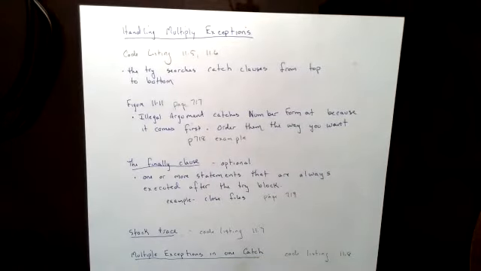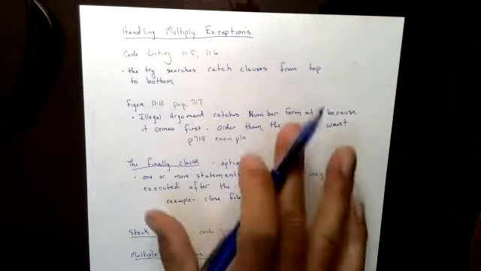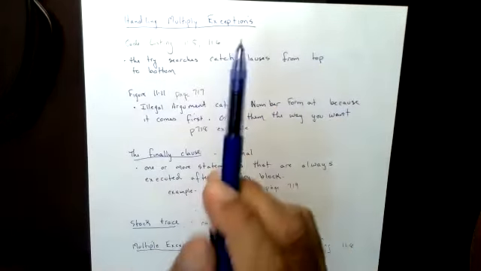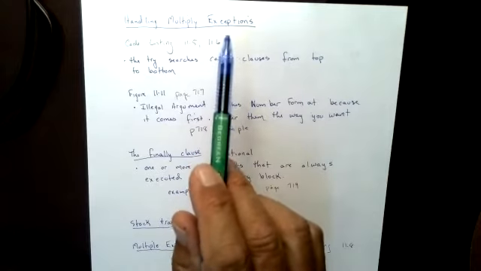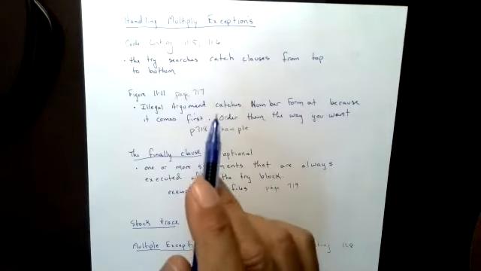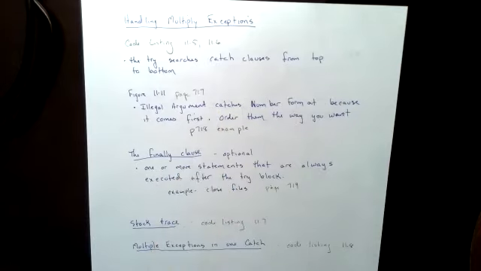Okay, next up. Well, our programs are going to be bigger than what we just looked at. And what if I had several different types of exceptions I would like to handle? Well, I can have multiple things going on. I can have a try block that is that big.